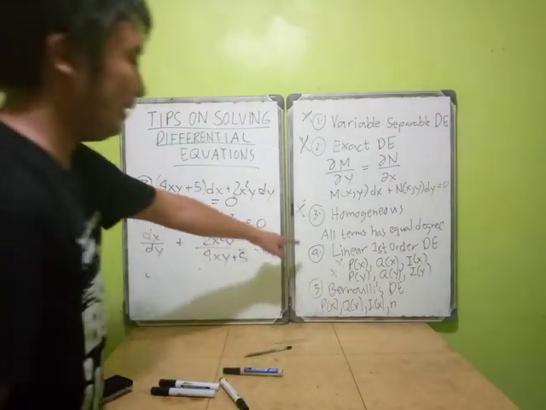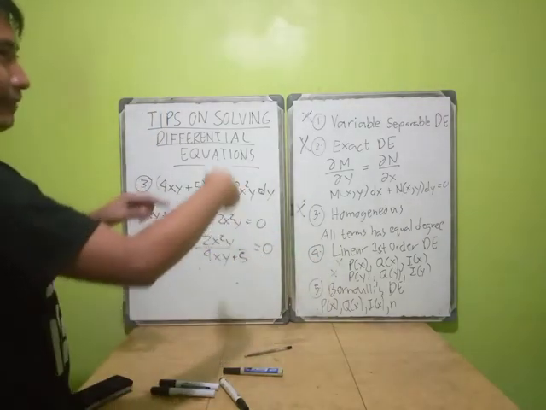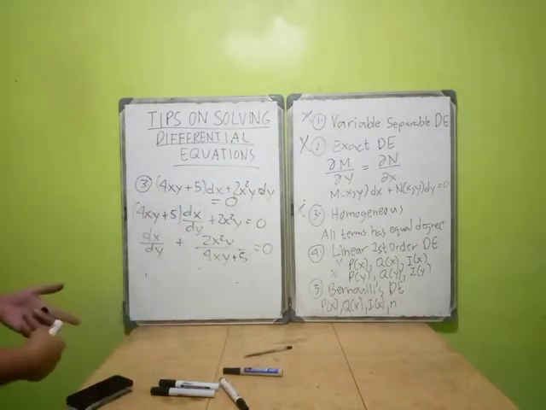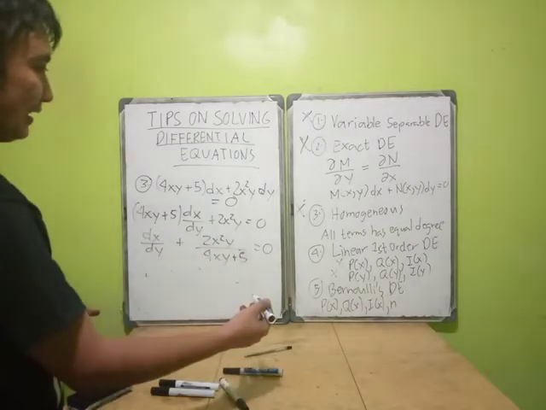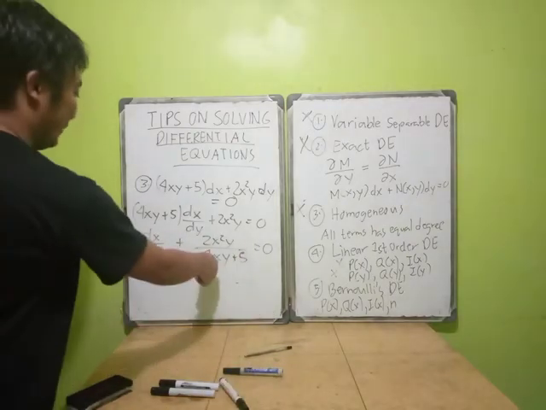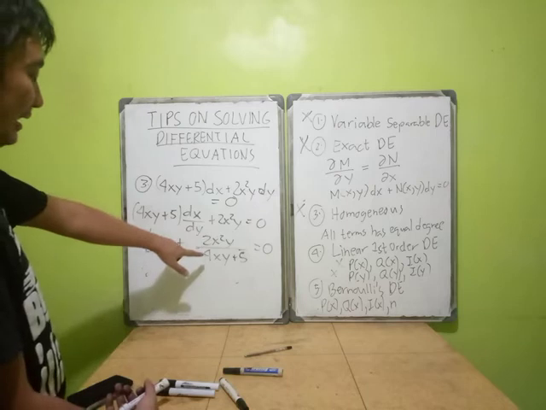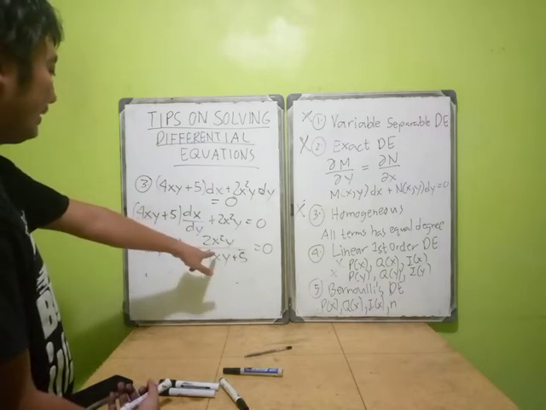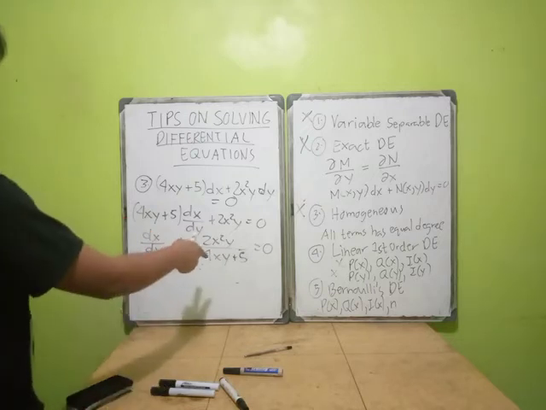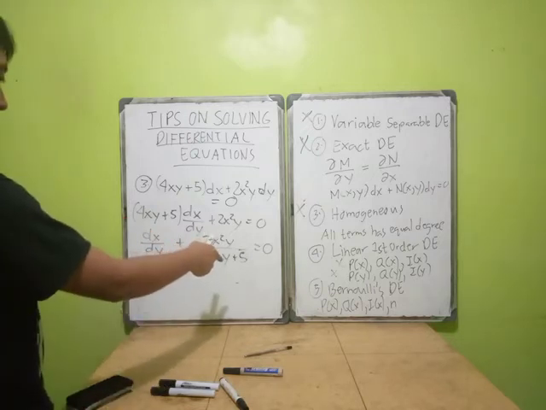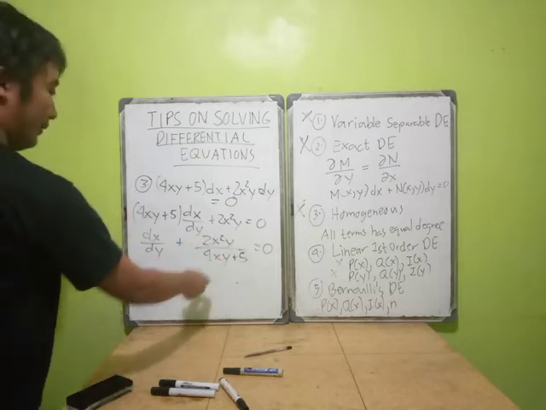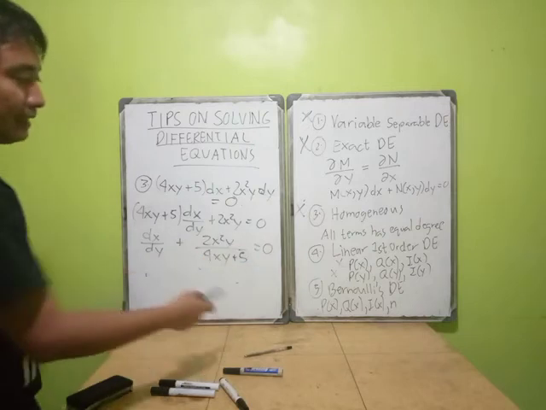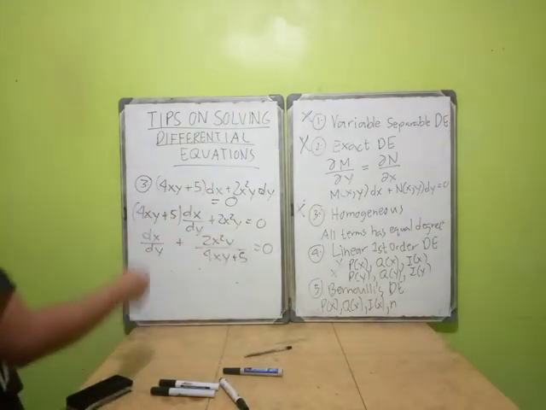Doon kay linear DE, pag nakita natin na merong y over n, okay, pag na-arrange mo to in terms na merong x to the y to the power of n or x to the power of n nakatabi ni qx, saka mo lang masabi na Bernoulli's DE siya.